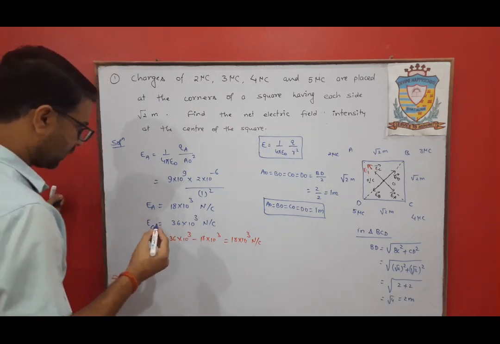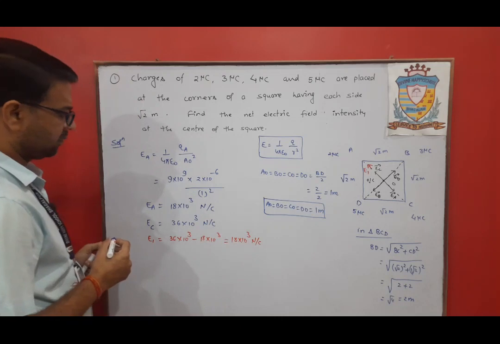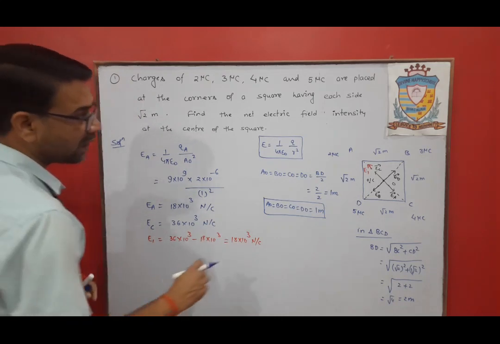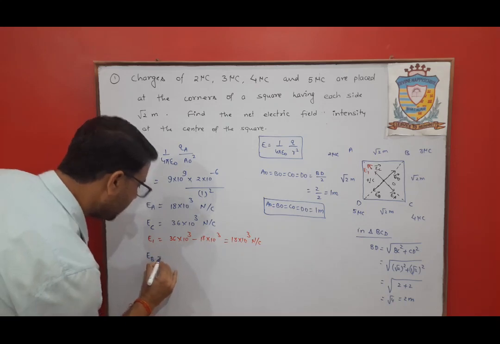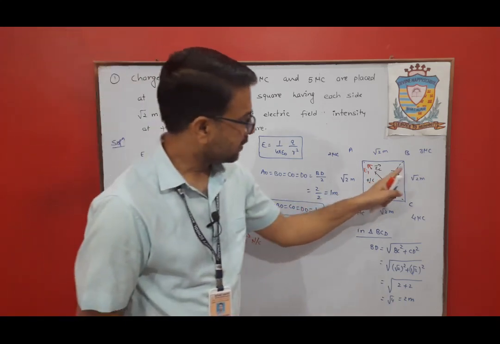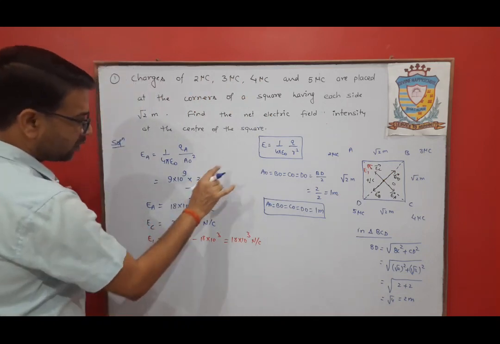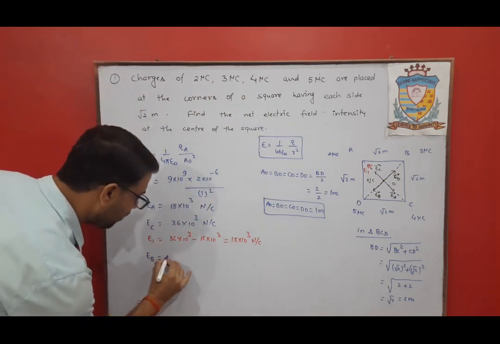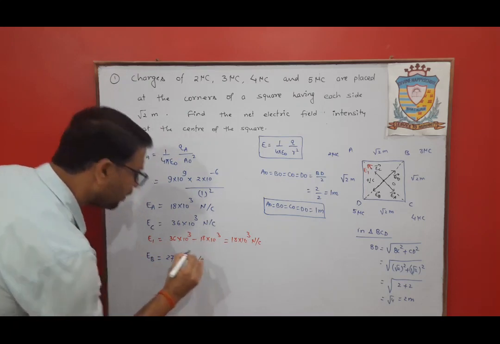Similarly, the value of EB is equal to, here the charges are 3 microcoulomb, so we'll put 3 into 10 to the power minus 6, so 9 3s are 27 into 10 to the power 3 Newton per coulomb.